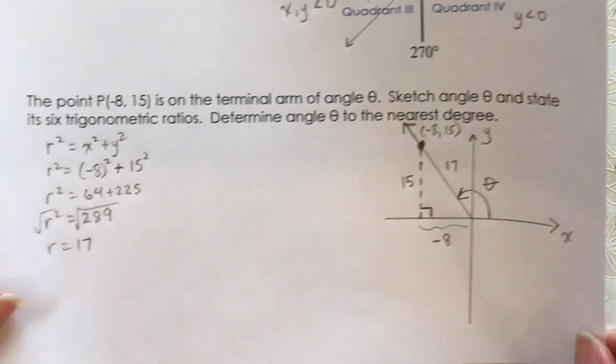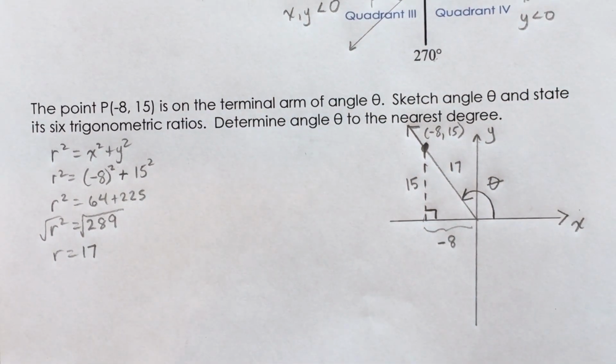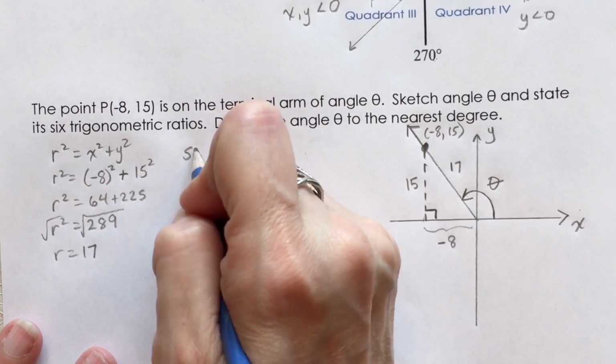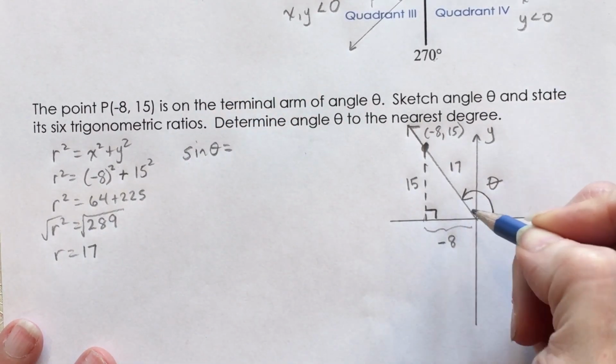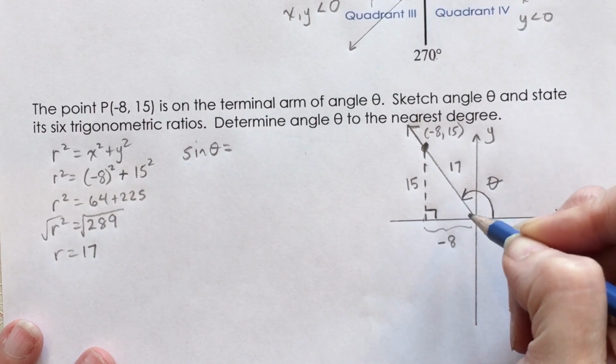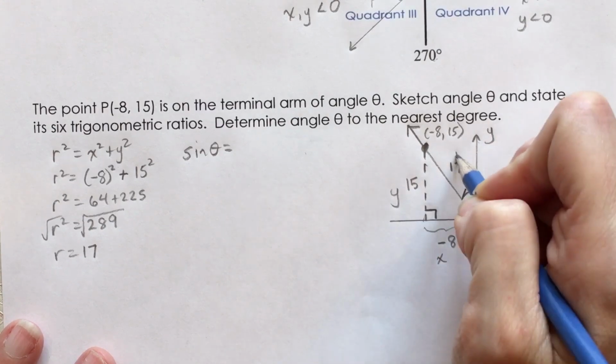Okay, so coming back to this question, we've now got 3 out of 3 for our diagram. We've labeled angle theta appropriately. Now we want to figure out the 6 trig ratios. I'm going to start with sine of angle theta. Here's x, here's y, and here's r.